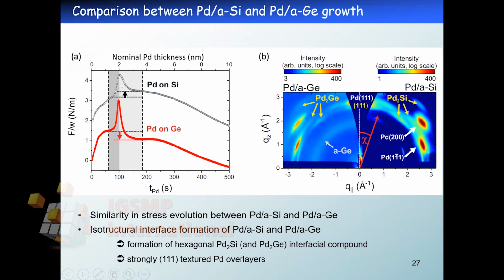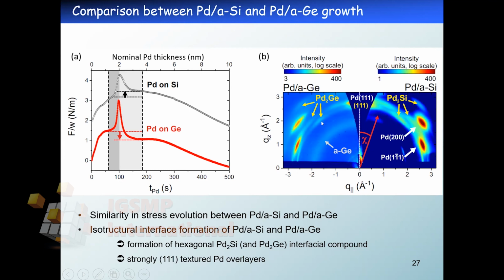2 nanometer. And if you look now at ex situ characterization of the palladium layer, these are reciprocal space map diffraction patterns of the palladium on germanium and palladium on silicon.